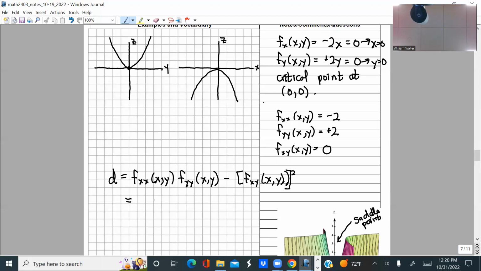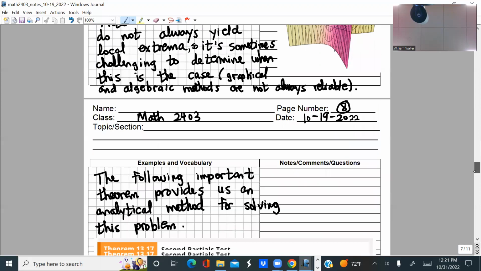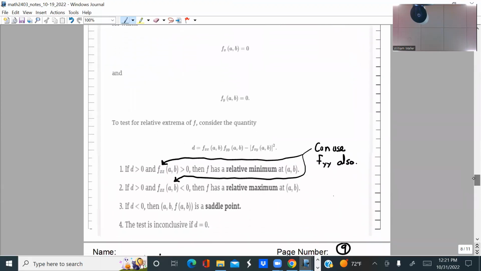Let's see, this is -2, and this is +2. And minus, well, that's just 0, squared. So I get -4, which is less than 0. So I do get a negative value for D. And so the theorem works there, because a negative value for D says you have a saddle. So that was much better than trying to make the graph and look at the graphs, or make those traces. See how fast that is.